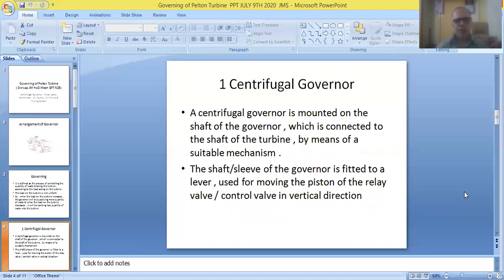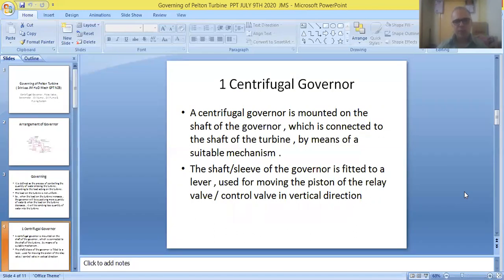So we have talked about the centrifugal governor. So that is mounted on the shaft of the governor. The shaft of the governor is fitted to the shaft of the turbine by means of a suitable mechanism. So we have seen all these arrangements. And finally, the extension of the shaft is called a sleeve. The sleeve of the governor is fitted to a lever.